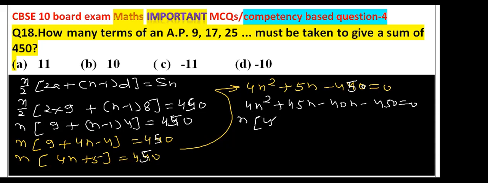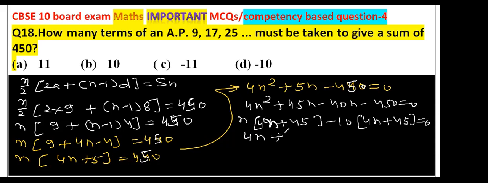Taking n common, 4n plus 45, taking 10 common, 4n plus 45, that is equal to 0. Again taking 4n plus 45 common and n minus 10 is equal to 0.